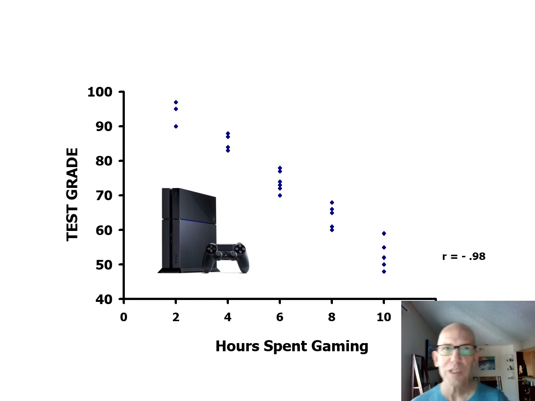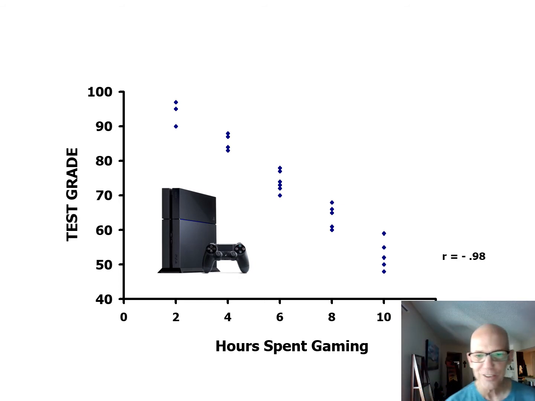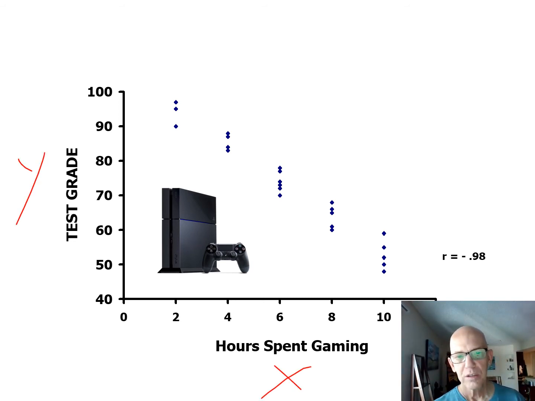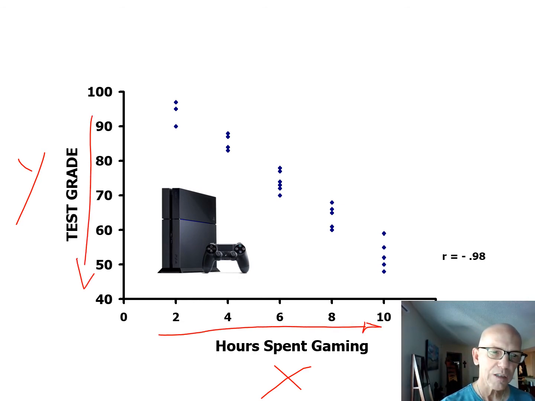An example of the reverse. Now I should put my Xbox One on here, but PS4, I have it on here. The more I play my PS4, the less my test grade is. So over here, I have Y, test grade, X over here. As this goes up, how much I game, my test grade is going down, right?